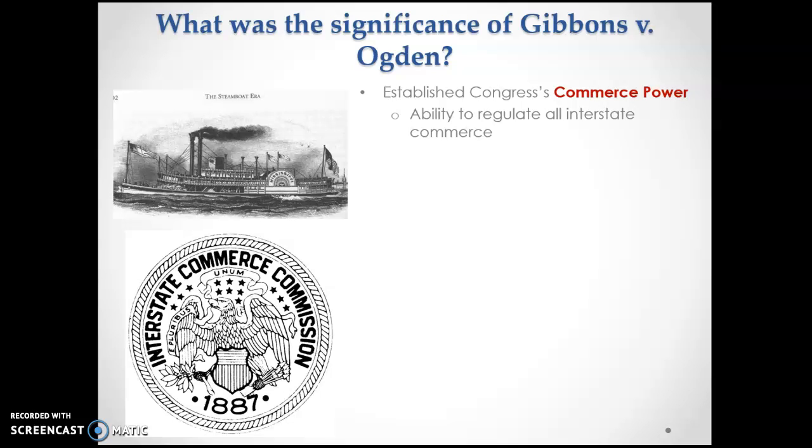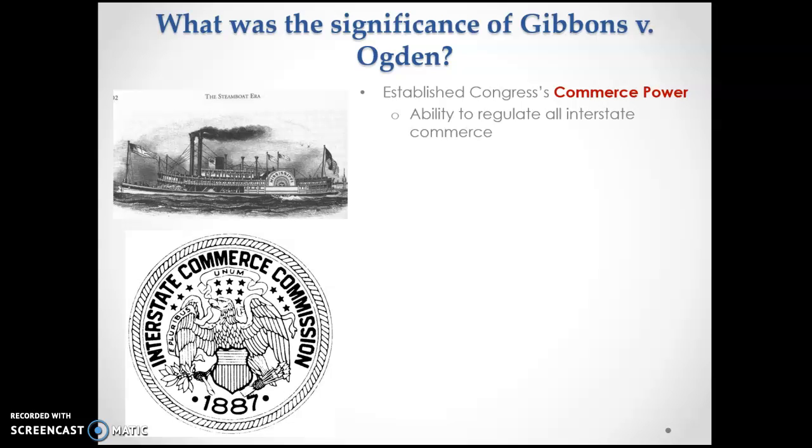And I gave the example of the EPA. Well, the EPA and the creation of the FAA, Federal Aviation Administration, and the Environmental Protection Agency, and all of these other bureaucratic agencies, it's the commerce power that has given Congress the right to create these, right? There's nothing in the Constitution that says the federal government regulates the environment, but the environment has been seen as, by regulating the environment, you're regulating the conditions for the economy, right?